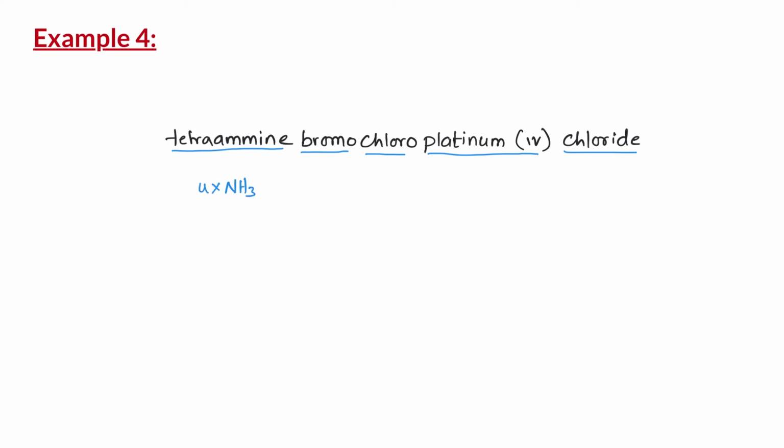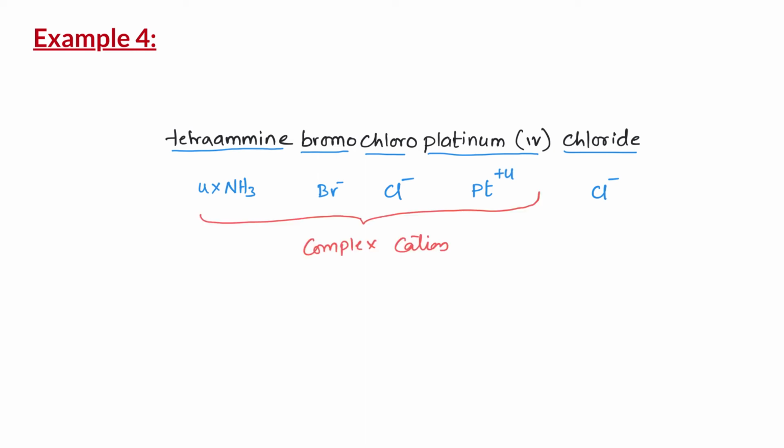Followed by bromo, which is Br minus, followed by chloro, which is Cl minus. The central metal ion is platinum with an oxidation number of +4, followed by chloride, which is Cl minus. So based on the name, it looks like the complex ion here is the cation and we have a simple anion.